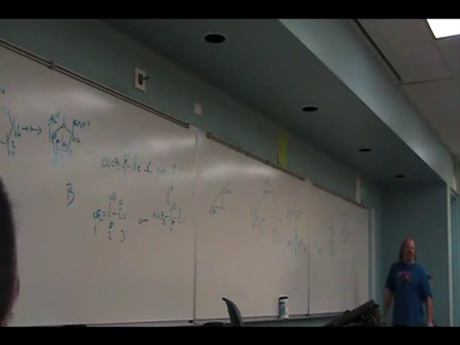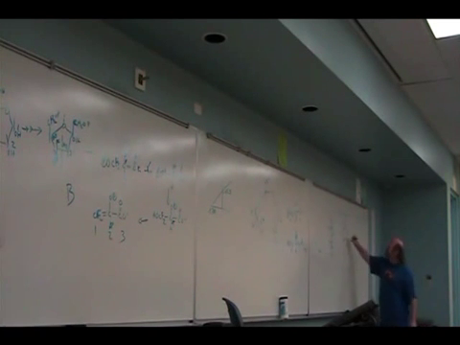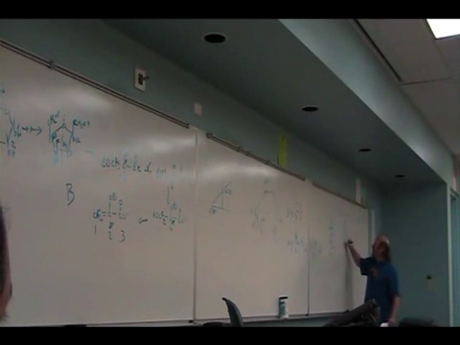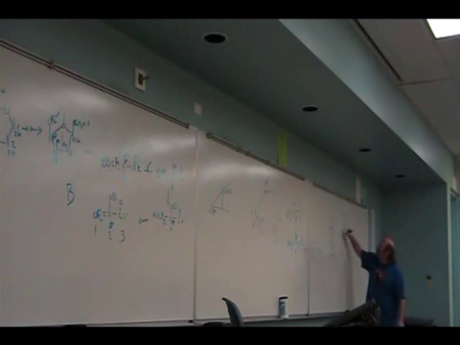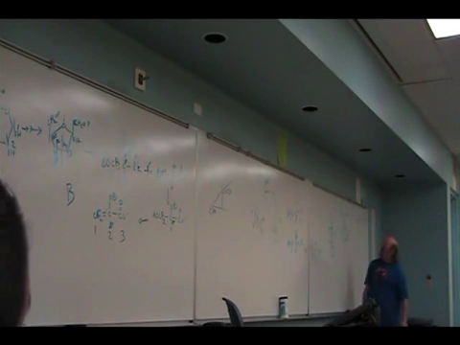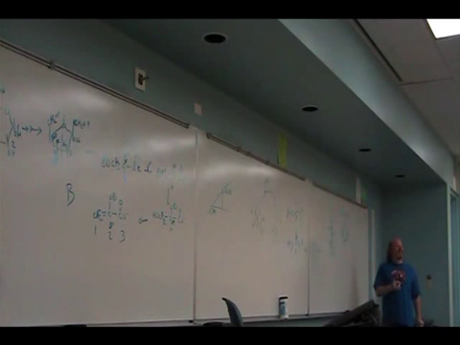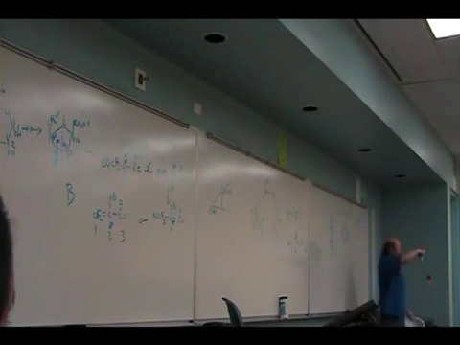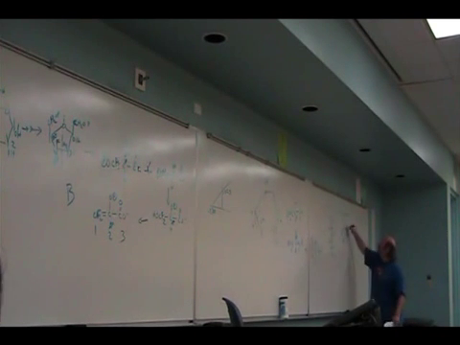The OH on number 2 is on the left. Where's it go? Up or down? Up. OH on number 3 is on the right. Where's it go? Down. Number 4. Up. Number 5. In the ring. Everybody got that in the ring? Okay.